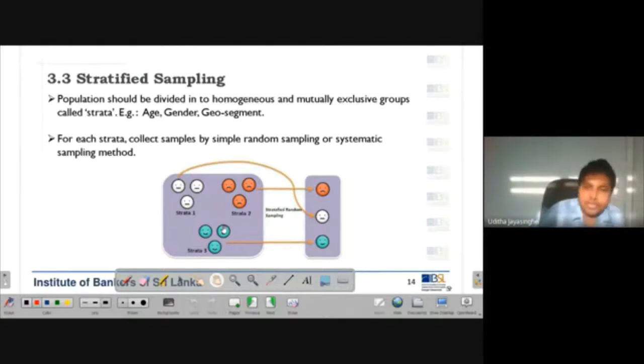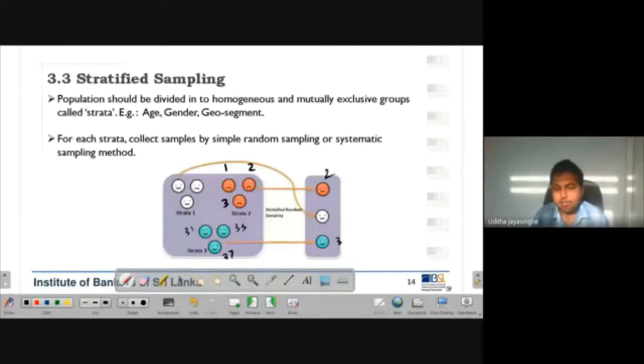That means you may give numbers 1, 2, and 3 to these elements, and 2 will be selected using simple random sampling. Similarly, numbers 31, 33, and 37, and 37 will come here based on maybe a systematic sampling method.